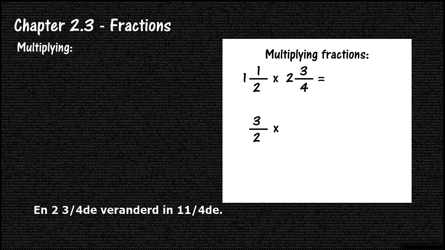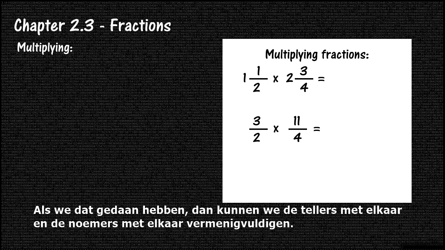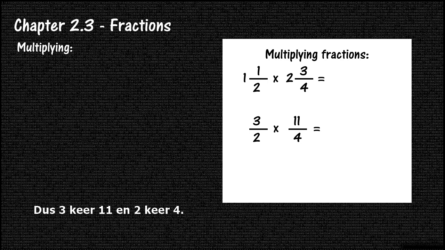And 2 3/4 turns into 11 over 4. Now that we've done that, we can do numerator times numerator and denominator times denominator. So 3 times 11 and 2 times 4. We end up with 33 over 8.